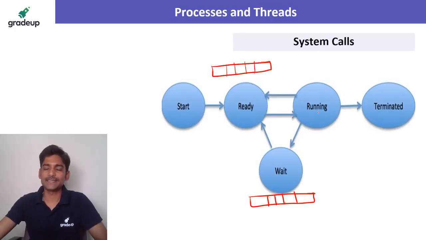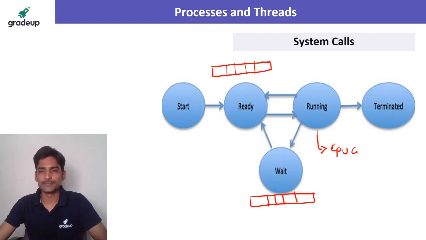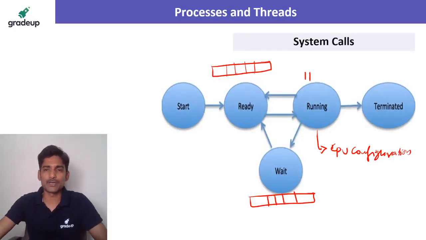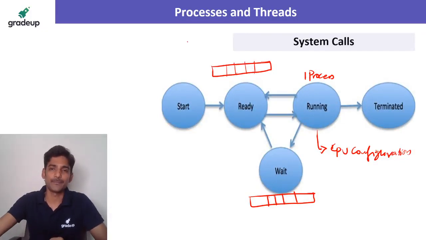But in the running state, how many processes should be there? That definitely depends on CPU configuration. For example, if it is a uniprocessor system, only one process can exist in the running state at a time.